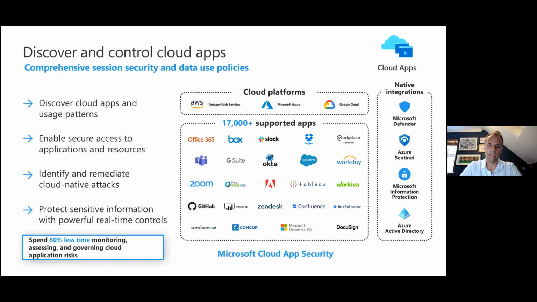So, if you pick up an app that you don't want users to go to anymore, or you see it's got a low compliance score, just unsanction it, and Defender for Endpoint will block users from being able to browse through. It also gives you the ability to upload proxy and firewall logs in, and has API connectors into some of those as well. So you could block users from browsing through that API connection as well.